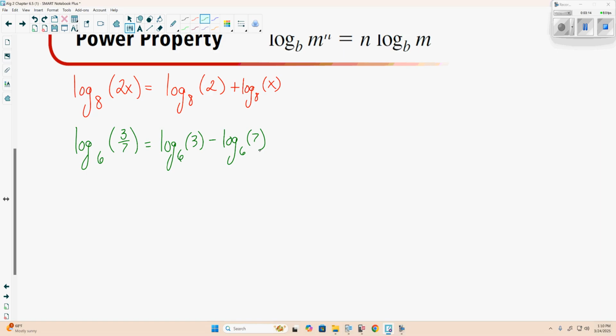And our power property says we can take the exponent and move it out front. So if we have log base 5 of, say, 2 to the x, our power property says we can move it to the front, telling us that we have x times log base 5 of 2.